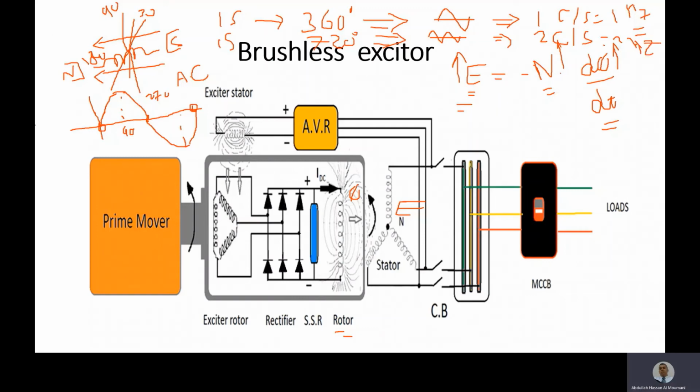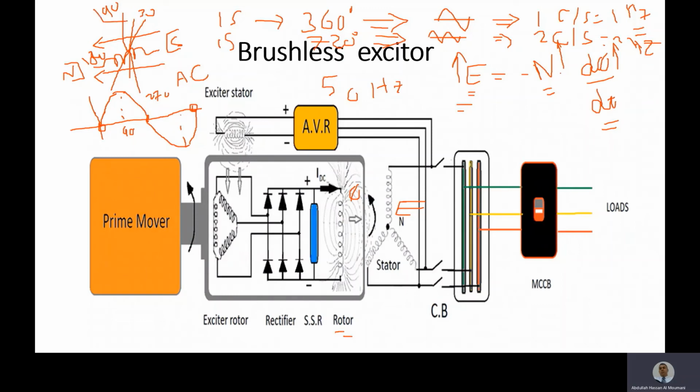So as you can see, the frequency of the generator mainly depends on the speed of rotation. If I make 50 rotations per second, or 50 cycles per second, I will get 50 hertz. This will happen if I have only one pair of poles.